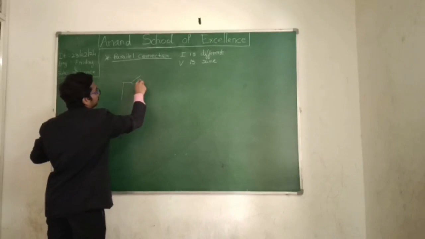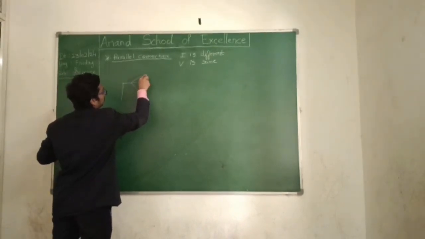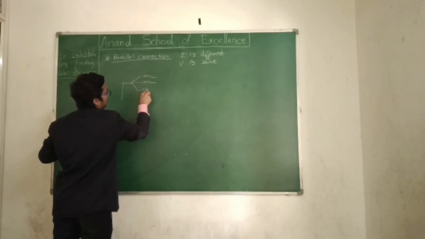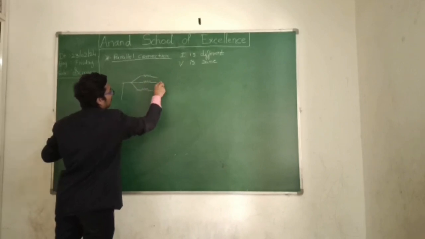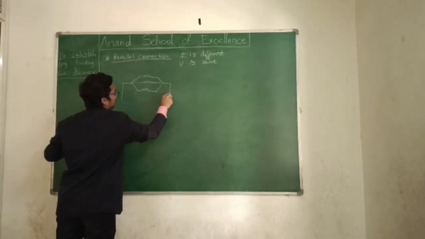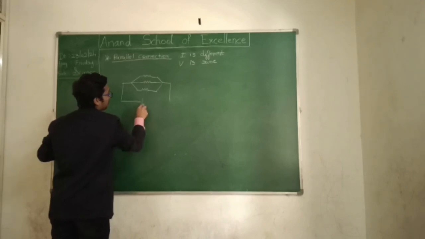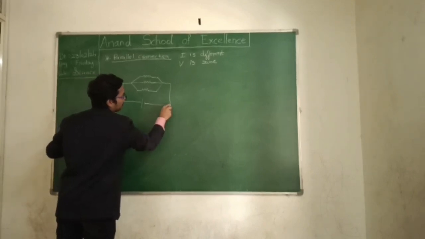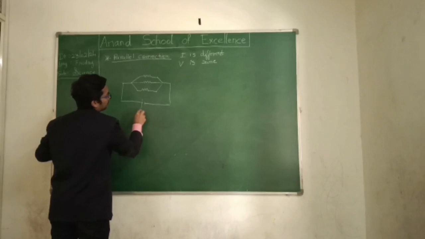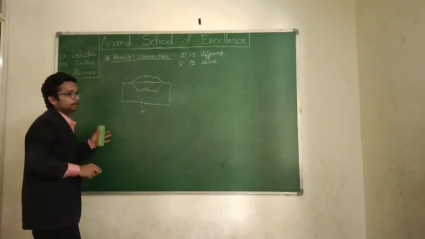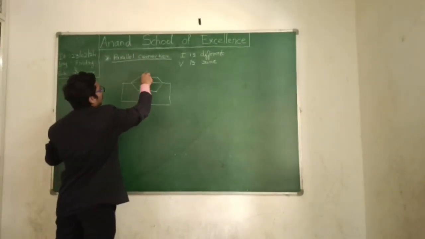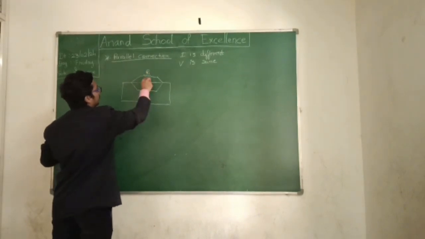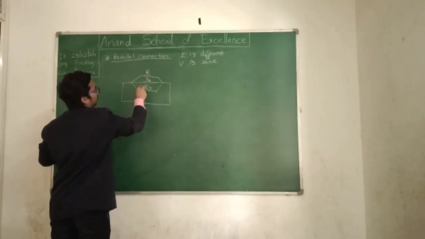So let's build our circuit. Here is our battery, that I am denoting by V. This is R1, resistor 1, second resistor R2, third resistor R3.